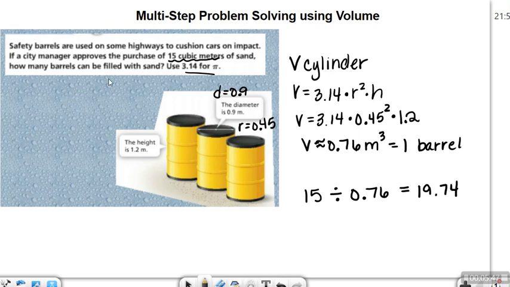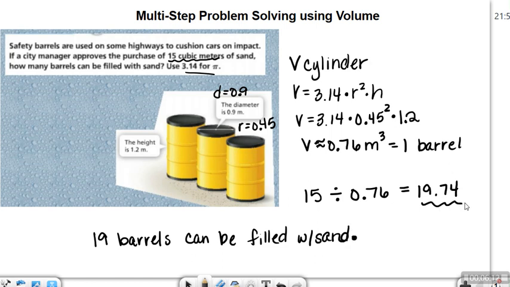All right, so how many barrels can be filled with sand? Almost 20, but not quite. So the answer would be 19 barrels can be filled with sand.